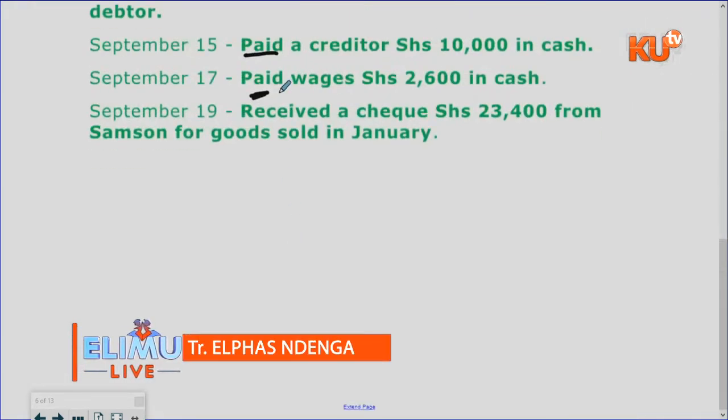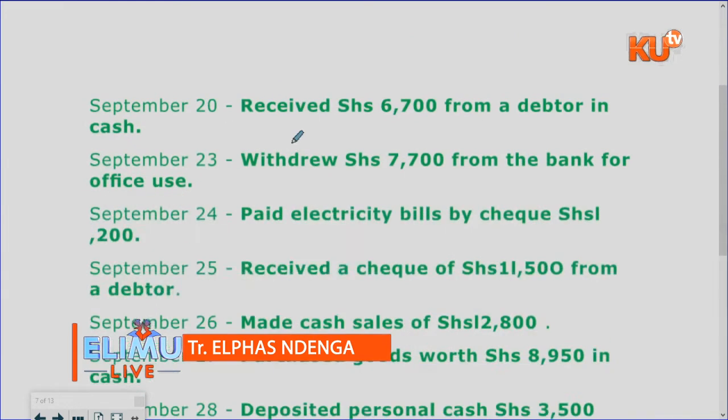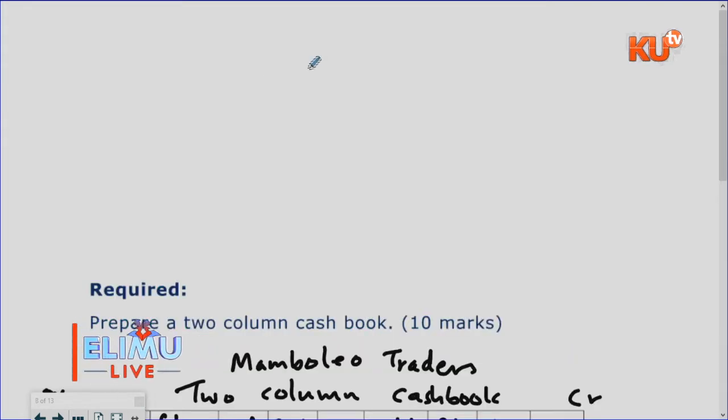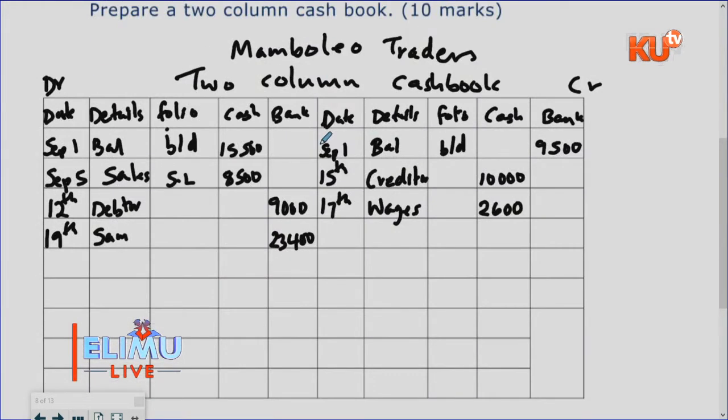On 20th, received 6,700 from a debtor in cash. Again, the word is received, so we will debit this one. We received 6,700 in cash from a debtor. So I will come on this date. I will write that is on 20th.